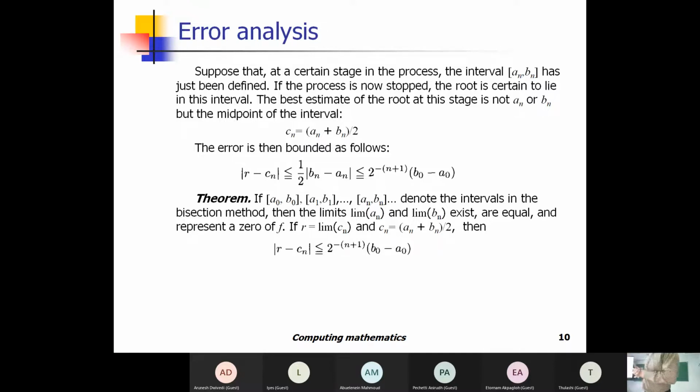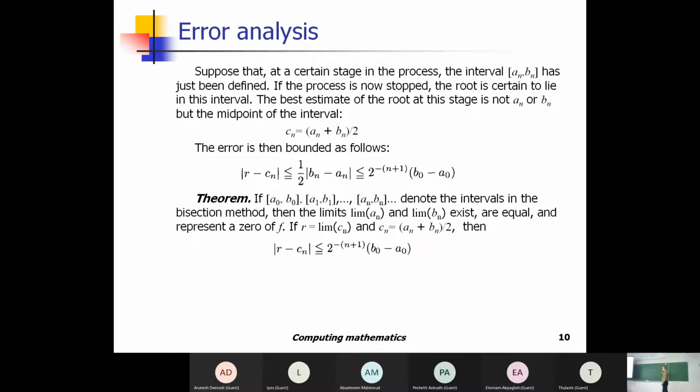Any questions about this? I don't understand the last one. R minus Cn, why is it the mistake? Again, this is the root. We don't know it. We are going to find it, but we don't know it. We have the interval from A to B, and we have the middle point C. We take C as the approximation of this value.